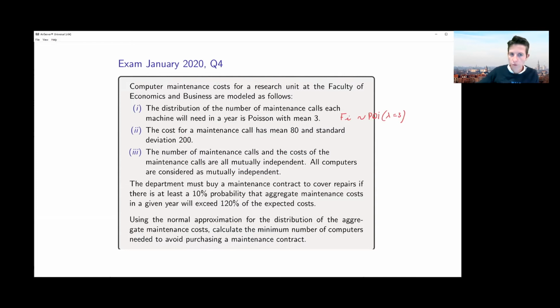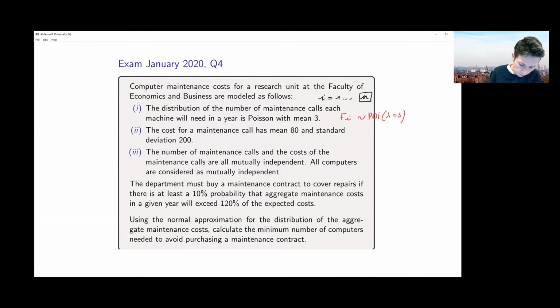So that's the number of calls that each machine i is going to make. We're going to wonder about the total number of machines that we need to fulfill a certain condition. So we're going to work with i running from 1 up to n. And this n, the number of machines, is something we need to solve for under a given condition. So that's my small n.